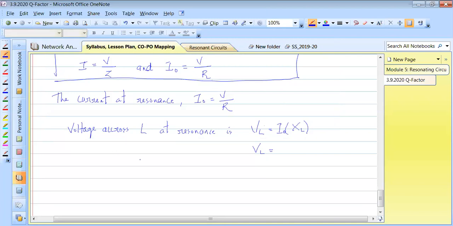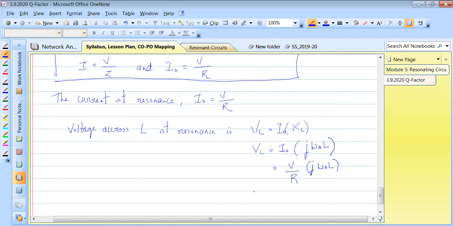Whenever we talk about resonance condition, we need to bring that omega naught or F naught. So it's I naught into J omega naught L. Everybody's okay with this? Fine. And we know I naught is given by V by R, right? And we have J omega naught L here.